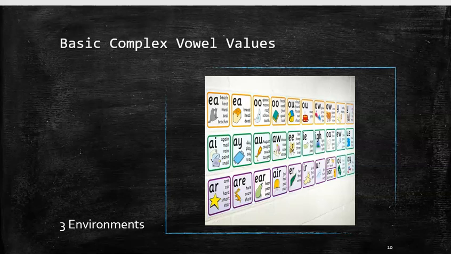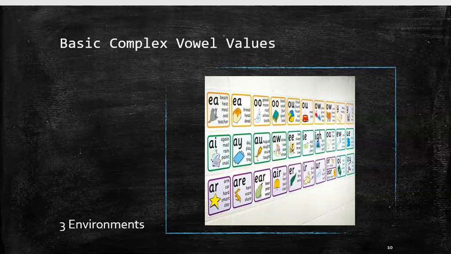That's just an observation so that you remember that those values that are simple correspond to lax vowel phonemes. Those that are complex will not have any lax vowel phonemes.